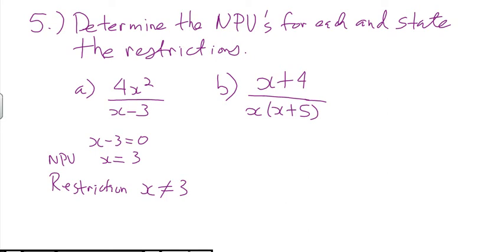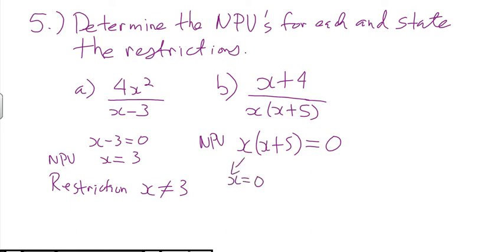Okay, what do we want to do? We want to say that the denominator can't be 0, right? Or we want to say, when is x times x plus 5 equal to 0? Non-permissible values are when the denominator is set equal to 0. So what value or values of x will make x times x plus 5 equal to 0? 0, and negative 5.